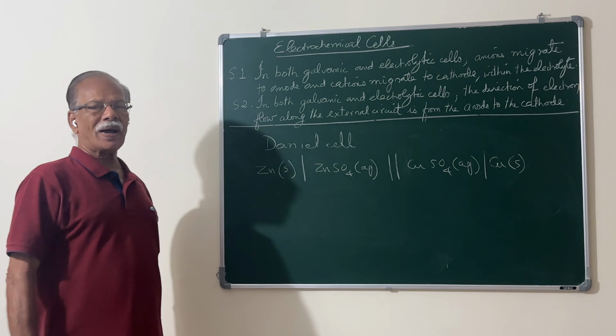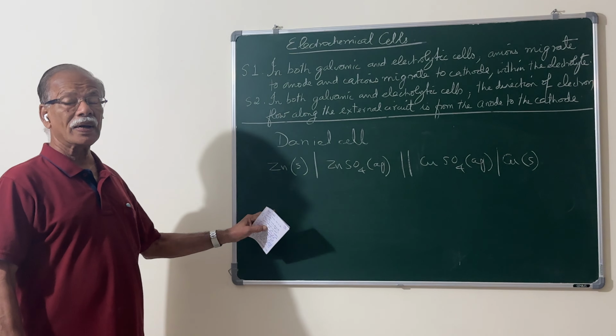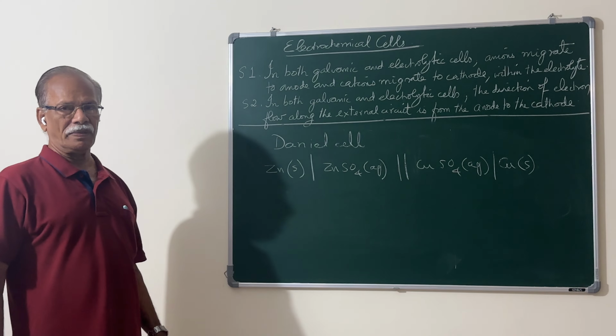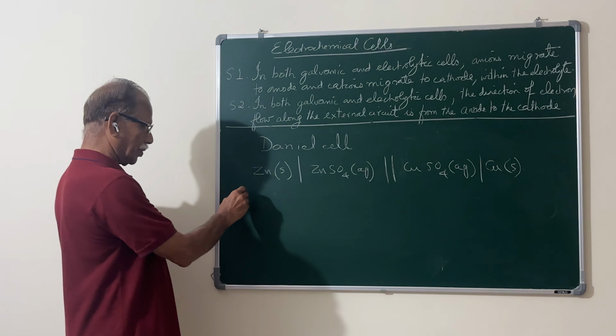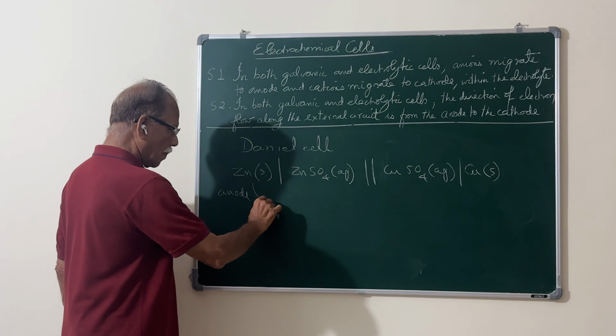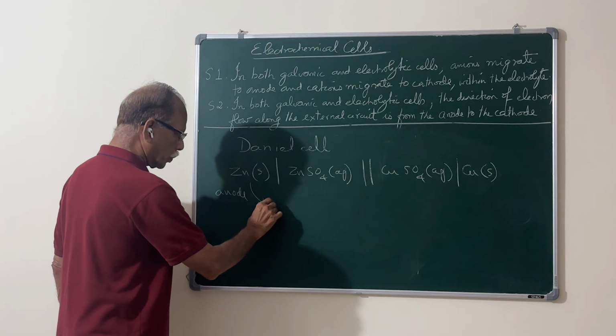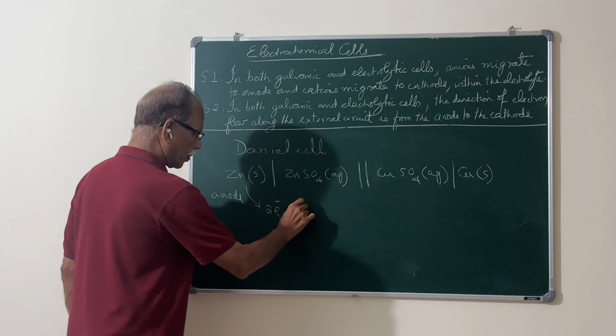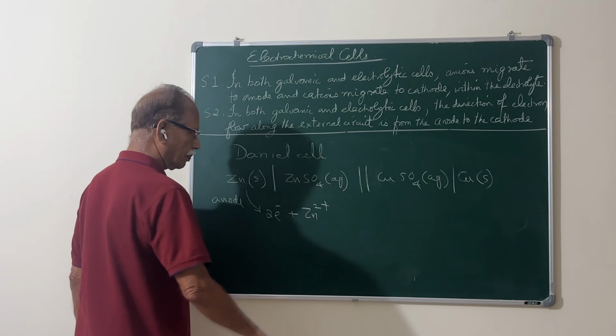The spontaneous reaction at the zinc electrode is oxidation. So zinc electrode is the anode. So this will give 2 electrons plus Zn2+.